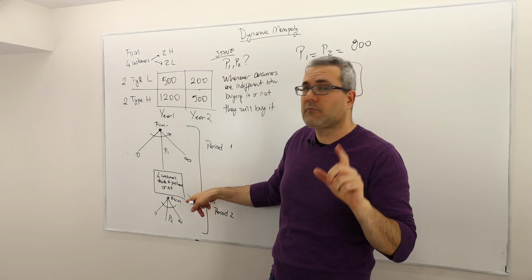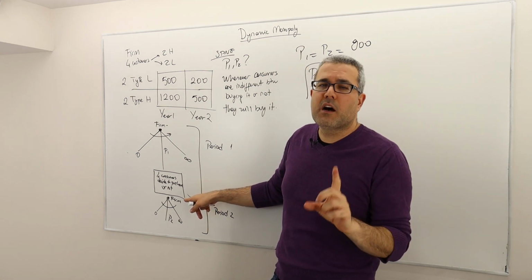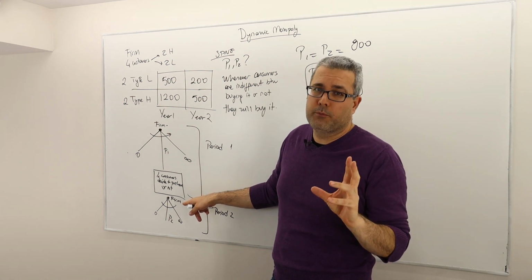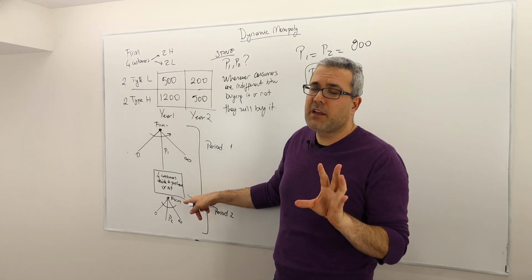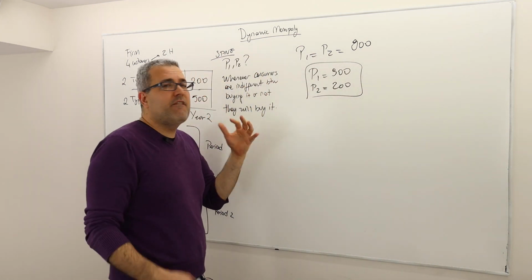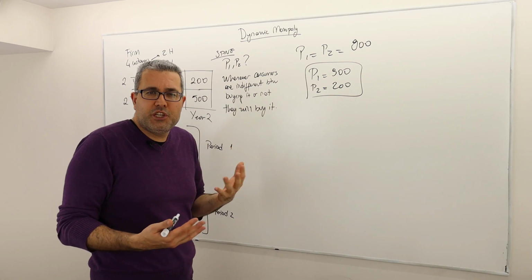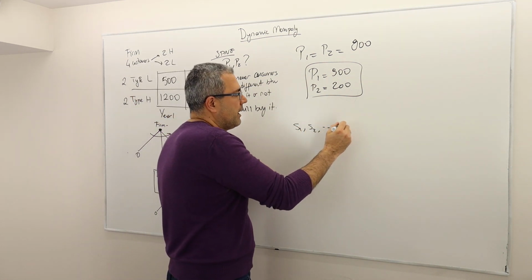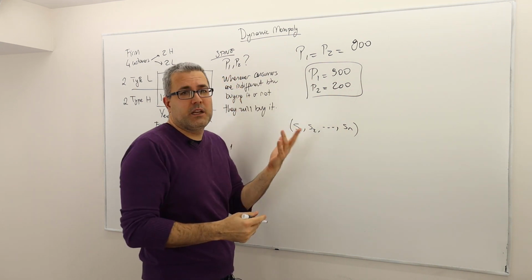All right? However, we are looking for equilibrium strategies. What does that mean? That means, suppose that everybody, so remember, this is how we check equilibrium. S1, S2, Sn. So I have 5 players, in fact.